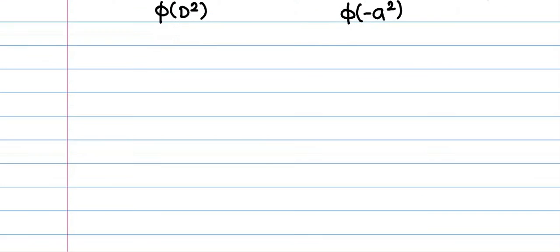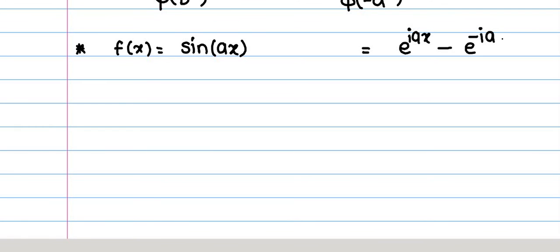Same is the case with sin. If we consider f of x equal to sin ax, then we can rewrite sin in terms of the exponential formula: e raised to iax minus e raised to minus iax, upon 2 times i.